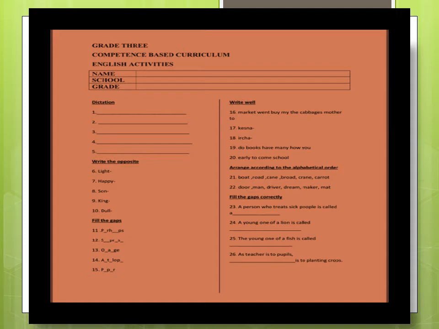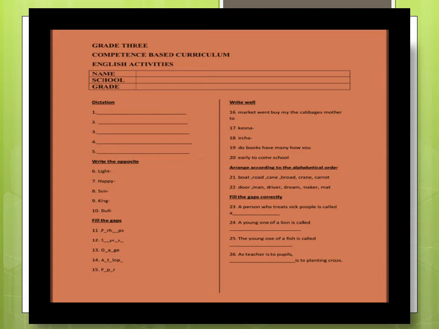Orange, R, N. Antelope, N, A, E. Paper. So number 11 is perhaps, number 12, surprise, number 13, orange, number 14, antelope, number 15, paper.